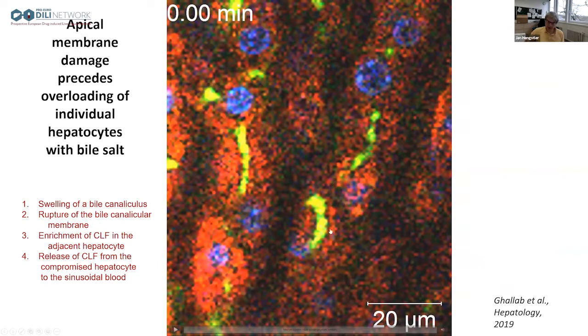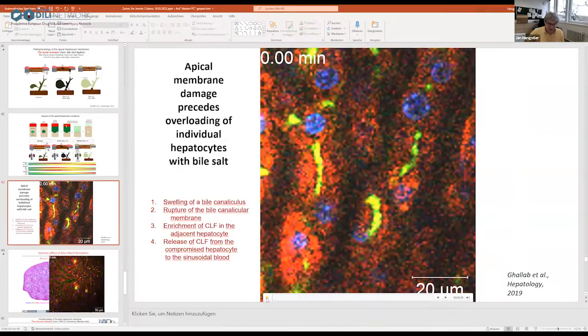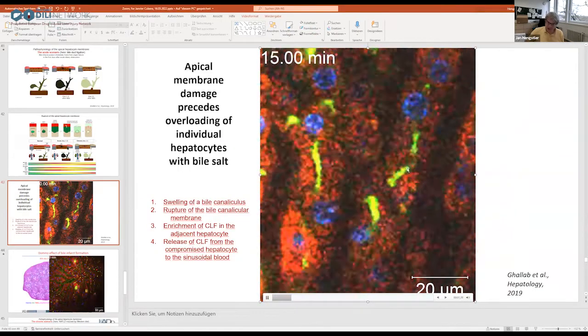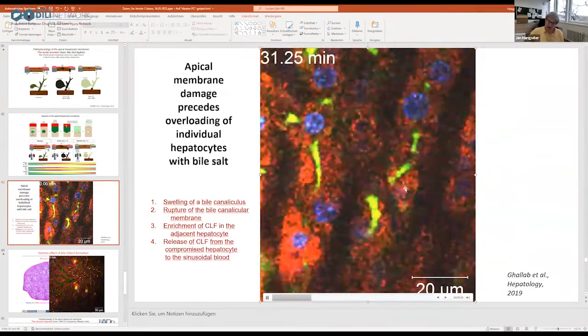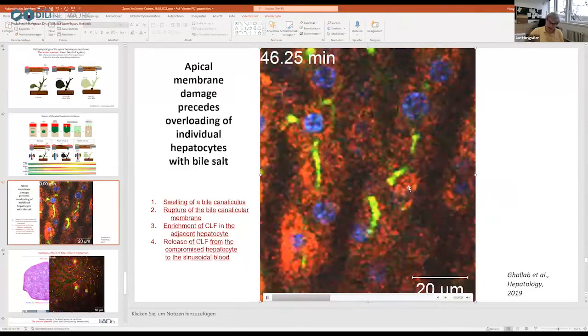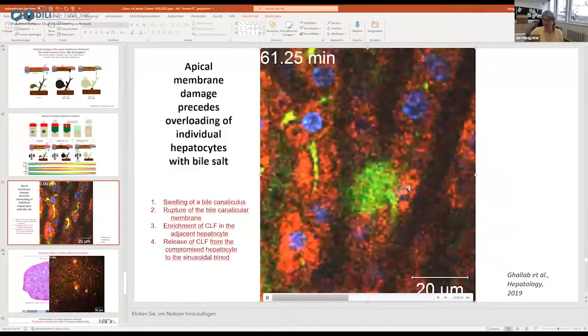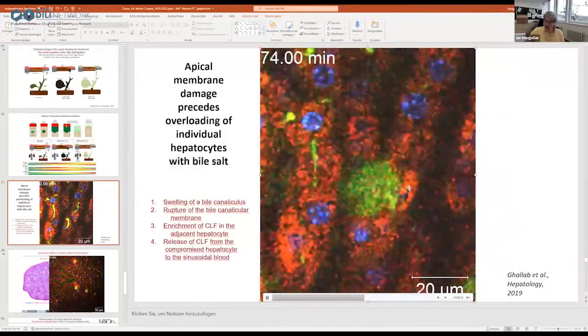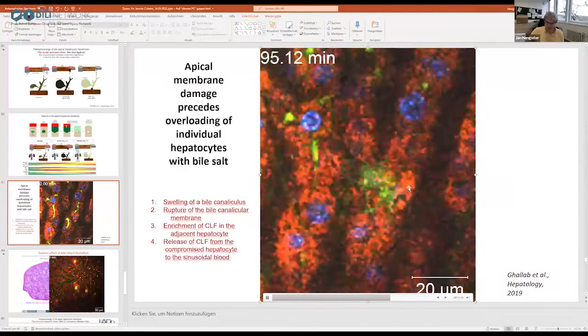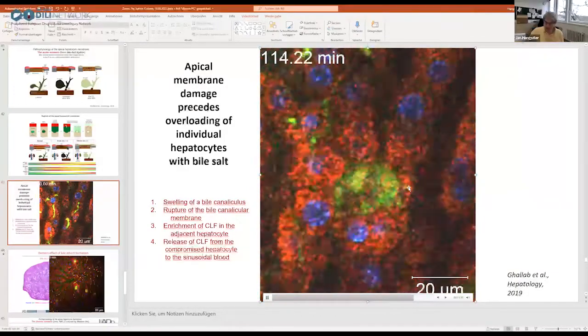And you will see how this bile canaliculus will swell and finally rupture. So this is the initial event of something we name bile infarct formation.